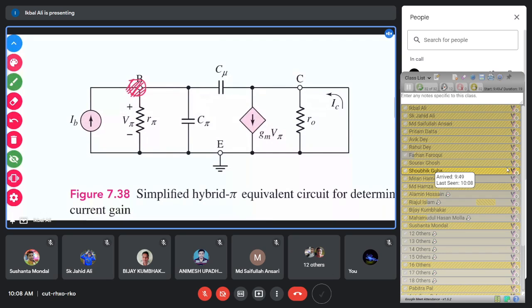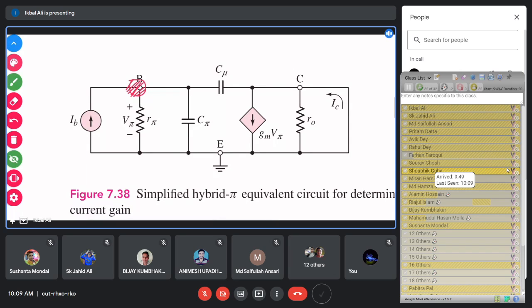We will apply a KCL equation at the base node. So what will be the KCL equation? The algebraic sum of all the currents will be 0, or the inward current should equal the outward current. So this is the KCL equation.